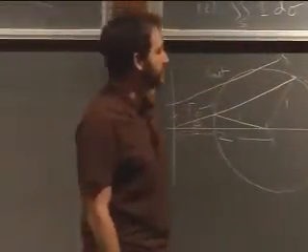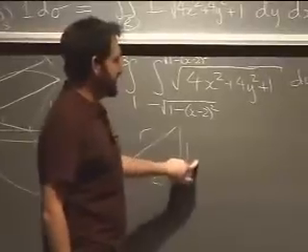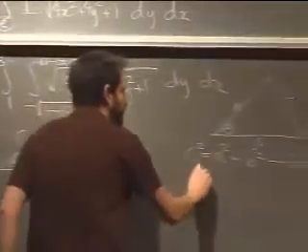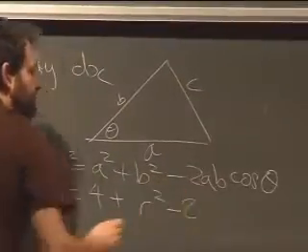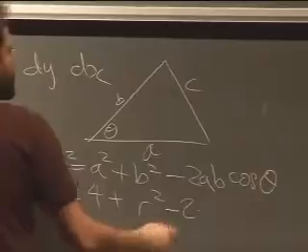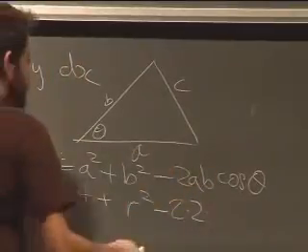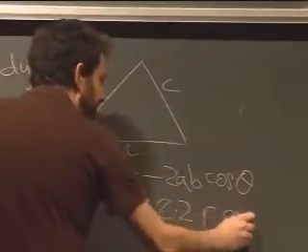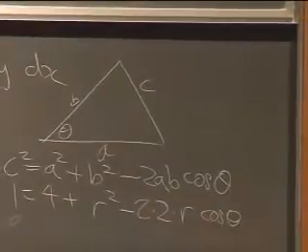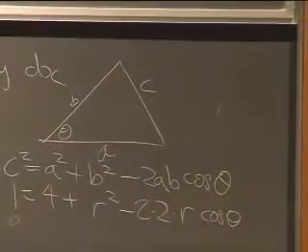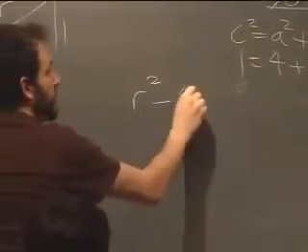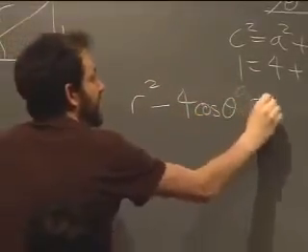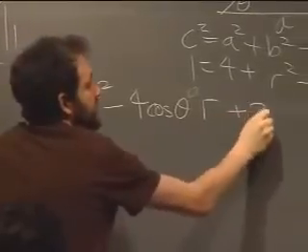Anyway, here we have A equals 2, C equals 1, so we have 1 equals 4 plus, and B is just R, R squared minus 2 times A, which is 2, times B, which is R, cosine theta. And we need to solve that for R. So it's just a quadratic equation, and if we simplify it a little bit, we have R squared minus 4 cosine theta R plus 3 equals 0.